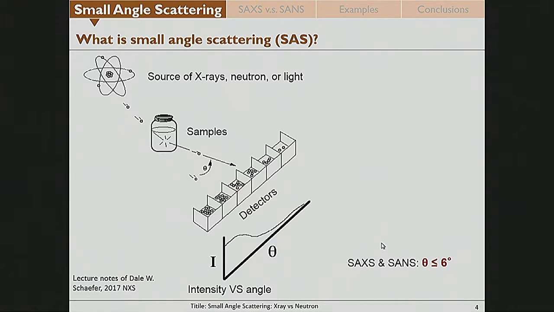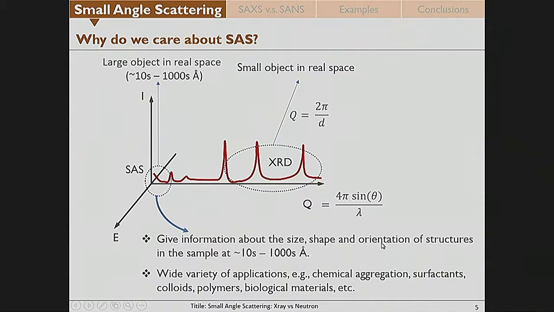And it is elastic scattering, and what we can get is an elastic scattering intensity profile, where the horizontal axis is Q, momentum transfer, which is inversely related with real space distances. So by looking at this region, we are looking at small objects in the real space. And by doing small angle scattering, we are more interested in the small Q region, where we look at larger objects in the real space.